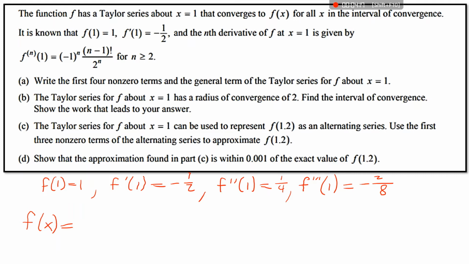General form for Taylor series, I'm going to write up here. Actually, can you tell me, what is the general form of a Taylor series? F to the nth power times b, a or x minus a.